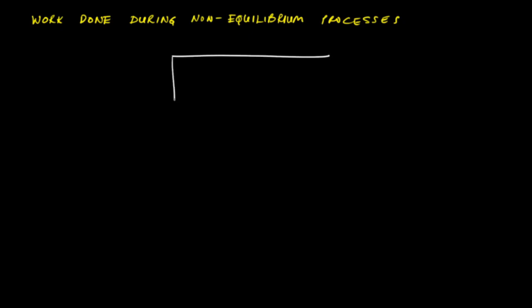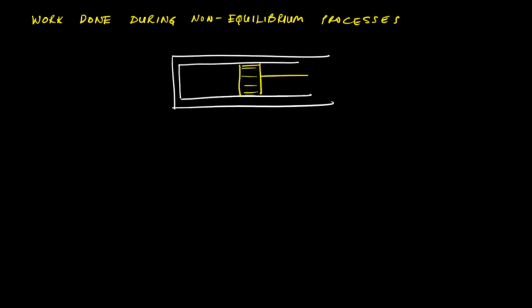Previously, we have looked at forms of work done on the system in quasi-equilibrium or reversible processes. However, work can also be done during non-equilibrium processes. Let's look at an example of such a process. So again, we consider this piston cylinder arrangement where we have this gas contained in the cylinder and we apply some force and compress this gas.